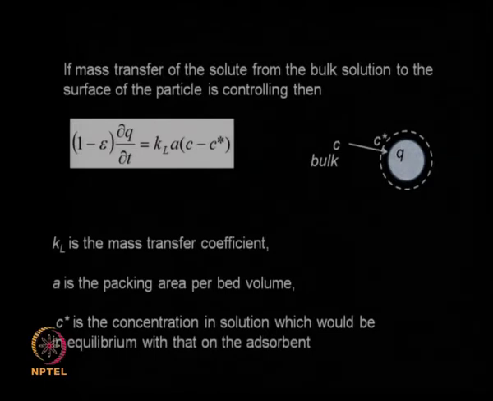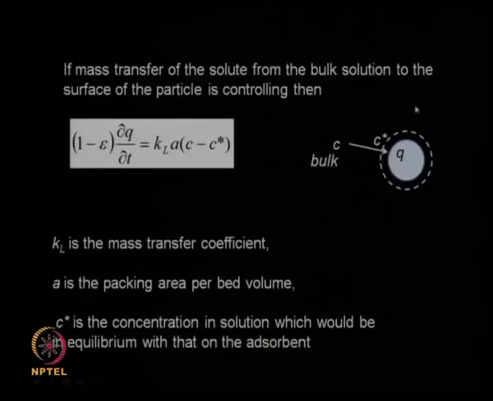Any two phase system will always have an interface and there will be a resistance for a particular component to move from one phase to another. It may be very slow, it may be fast, but still there is a resistance. So in this particular case we call it the mass transfer resistance, the movement of your solute from the bulk to the surface.